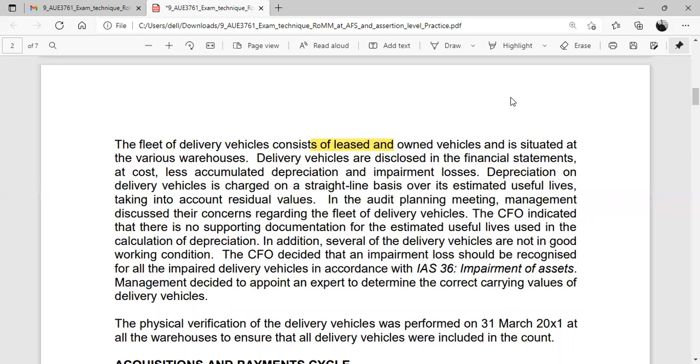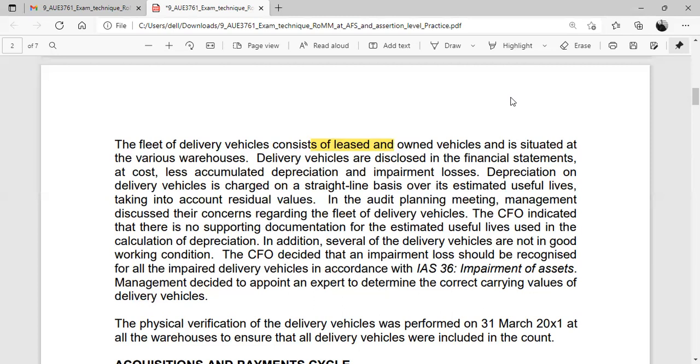The delivery vehicles are disclosed in the financial statements at cost less accumulated depreciation and impairment losses. Depreciation on delivery vehicles is charged on a straight line basis over its estimated useful lives, taking into account the residual values. So the balance of the delivery vehicles is cost less depreciation, less impairment losses, and there are also residual values that they take into account.